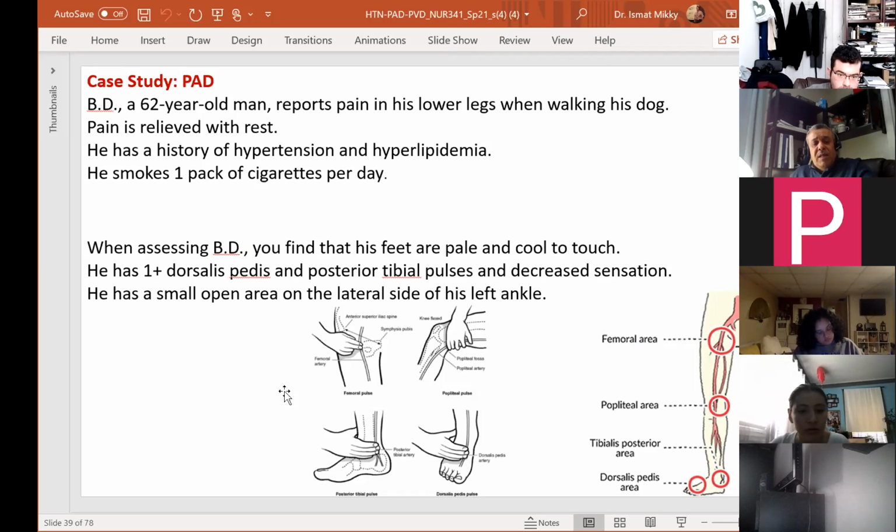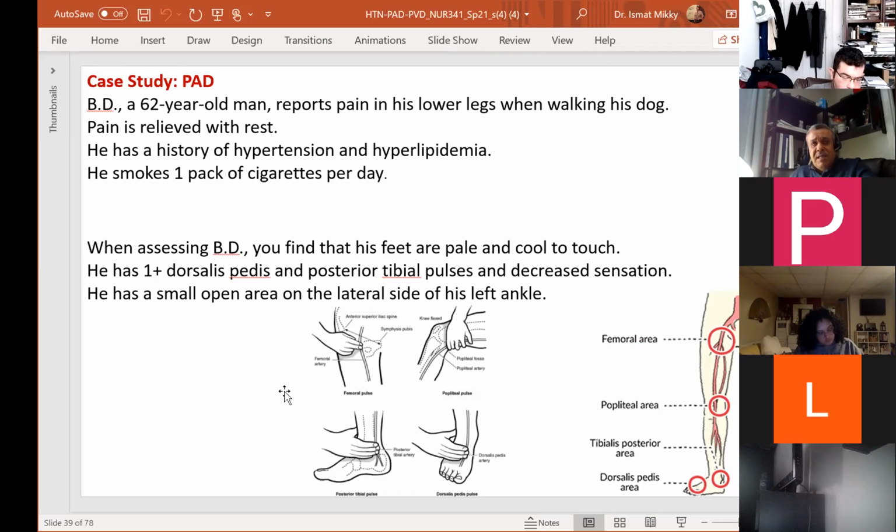So, given the scenario and the resultant manifestations, what are your concerns regarding these assessment findings? The 1+ dorsalis and posterior tibial pulses, decreased sensation, and a small open area on the lateral side of the left ankle.